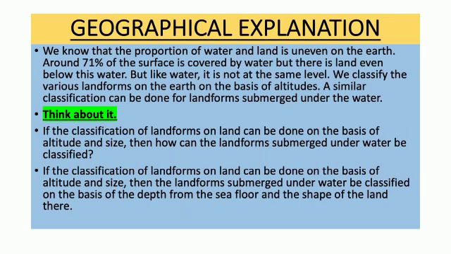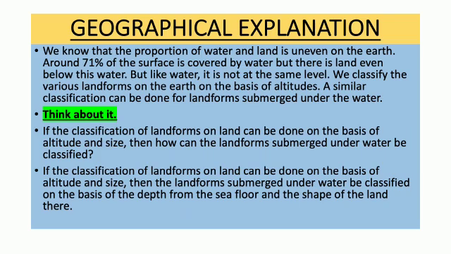Children, in your textbook, page number 24, another two questions are given there. One question: what parameters were used for classifying the landforms on the earth? And another question: what parameters were used for naming the landforms below water?